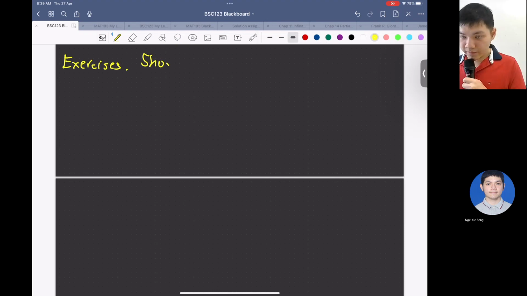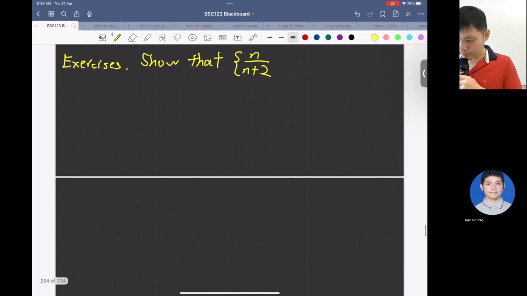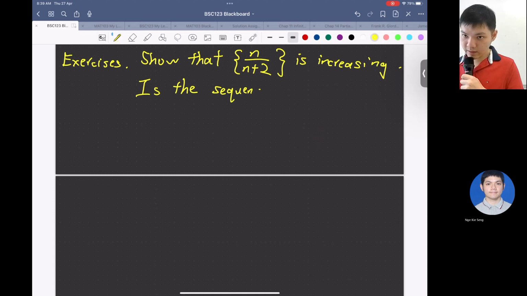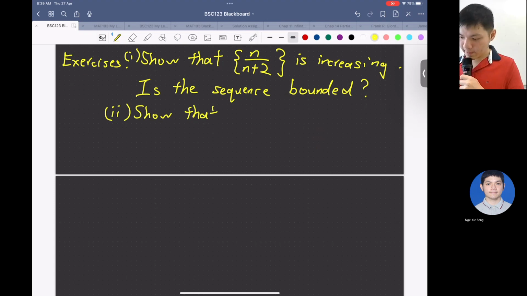So show that n over n plus 2 is increasing. And then the question: is the sequence bounded? And second, show that n over n squared plus 1 is decreasing.